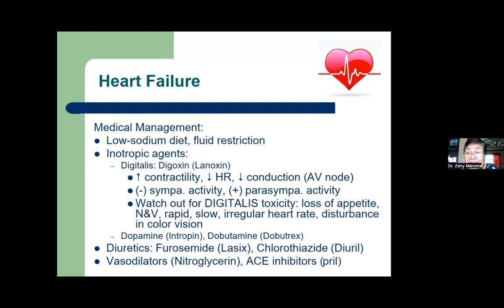Kaya ang kailangang bigyan natin, ACE inhibitor. It will block conversion of angiotensin 1 to angiotensin 2. Kaya sinabi, ACE, okay? ACE inhibitor, angiotensin converting enzyme inhibitor. Na ang tunog, pril. Ano yung mga pril na yun? Ramipril, enalapril, quinapril, ayan, captopril.